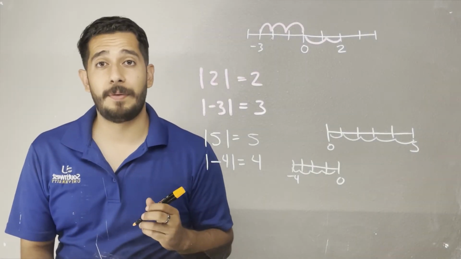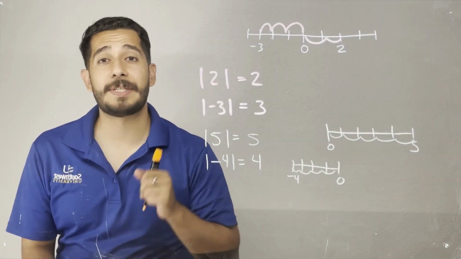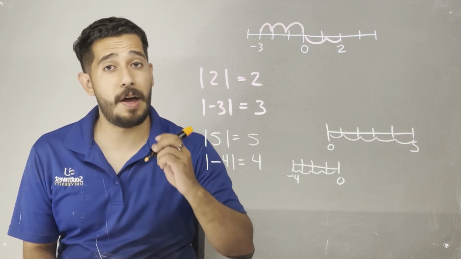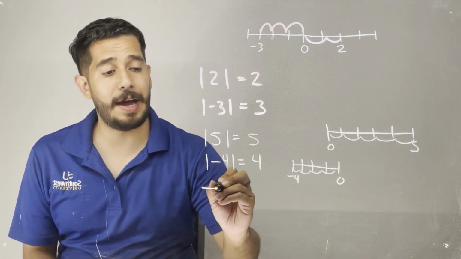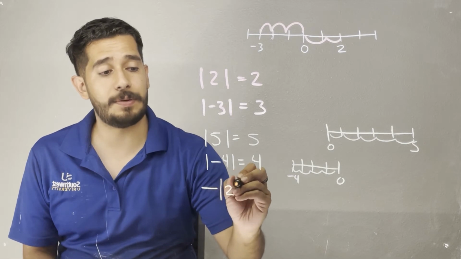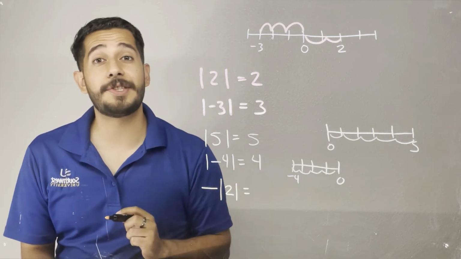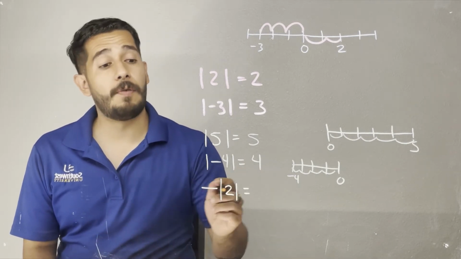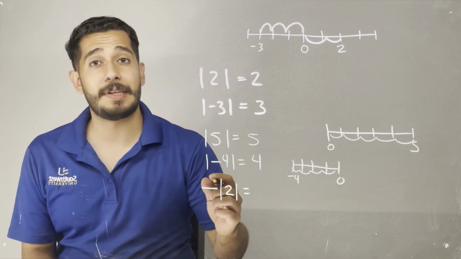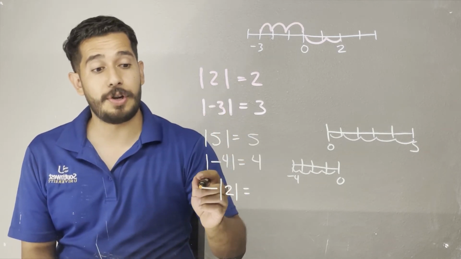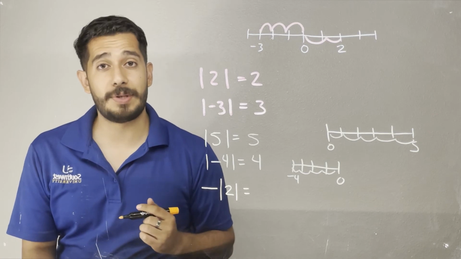You have to be careful when you have a negative sign outside the absolute value bars. For example, if you have the negative of the absolute value of 2, you're only going to calculate the absolute value of whatever you have inside the bars. At the end, you're going to give the negative sign to the result.